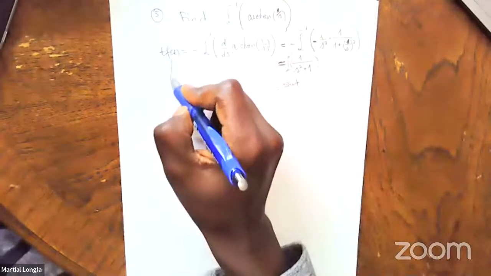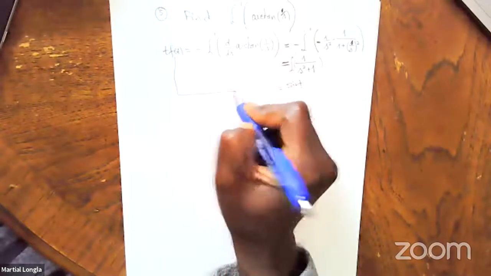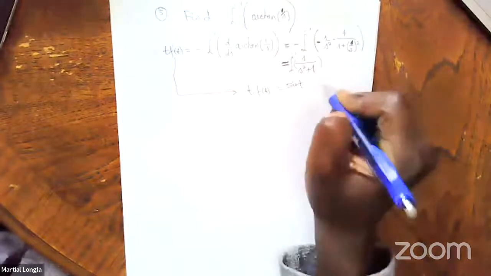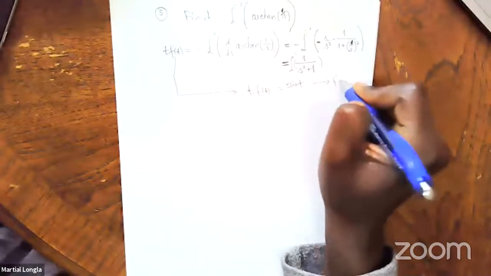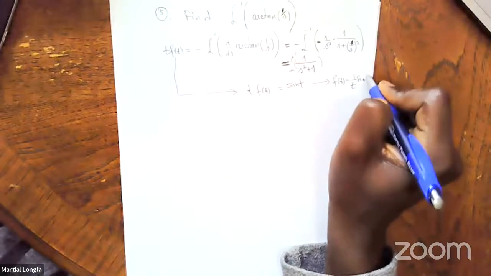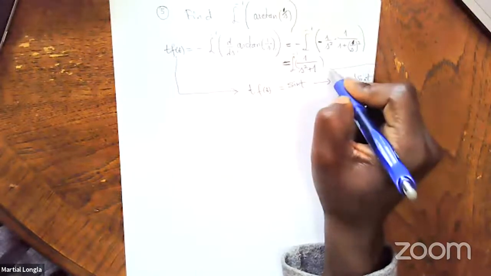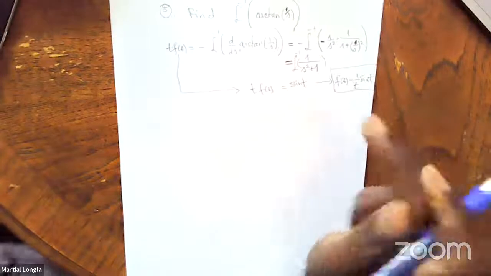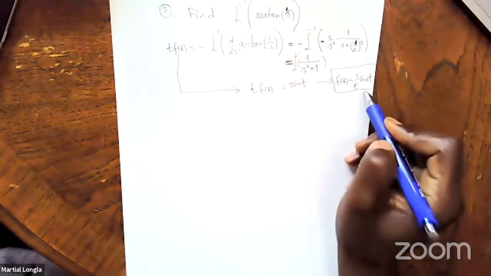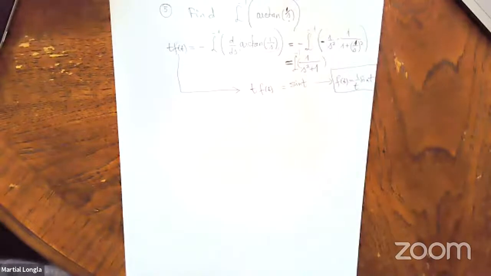So what you get is t times f of t equals that. So f of t is 1 over t sine t. So this is the function that has that Laplace transform.